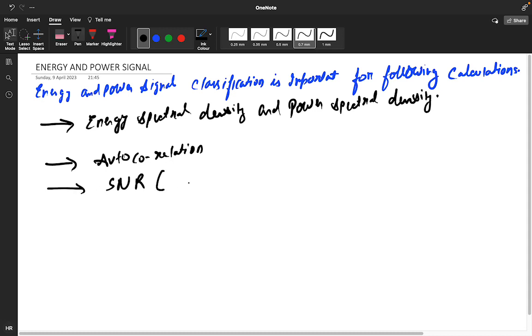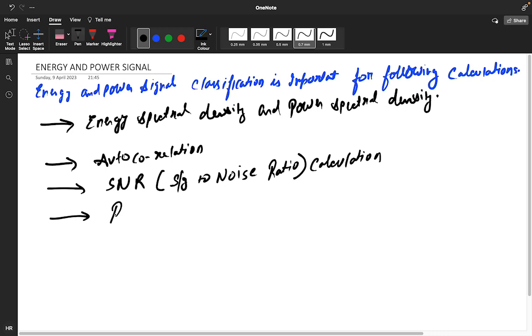SNR means signal to noise ratio. Noise means unpleasant sounds or unpleasant signals present in our message signal. Signal to noise ratio calculation, and also for RMS calculation.